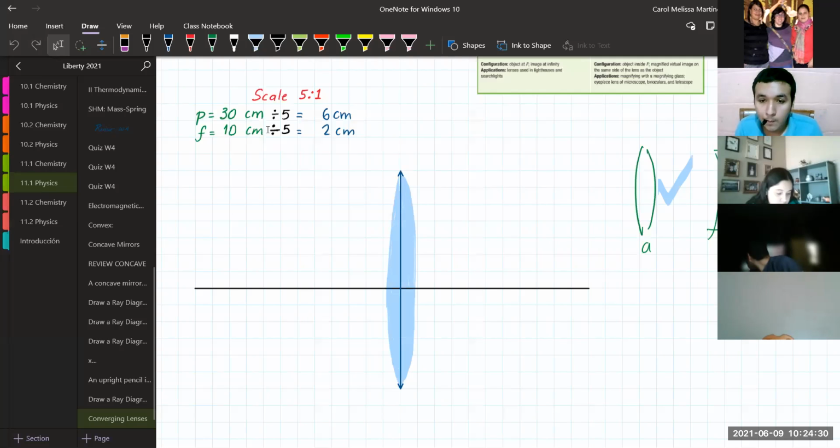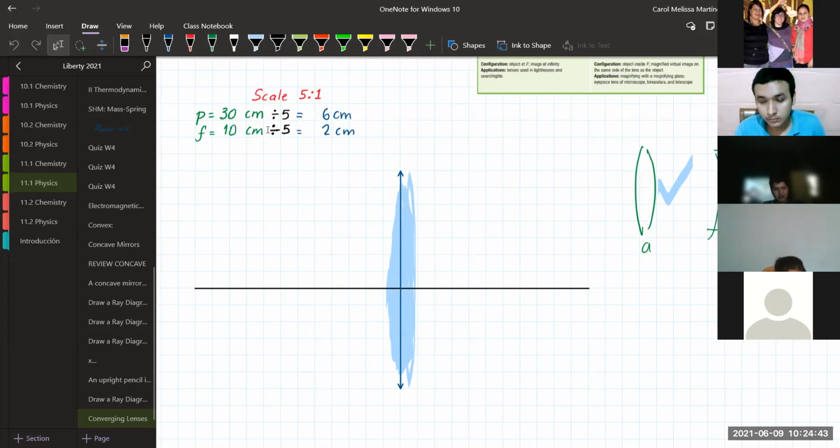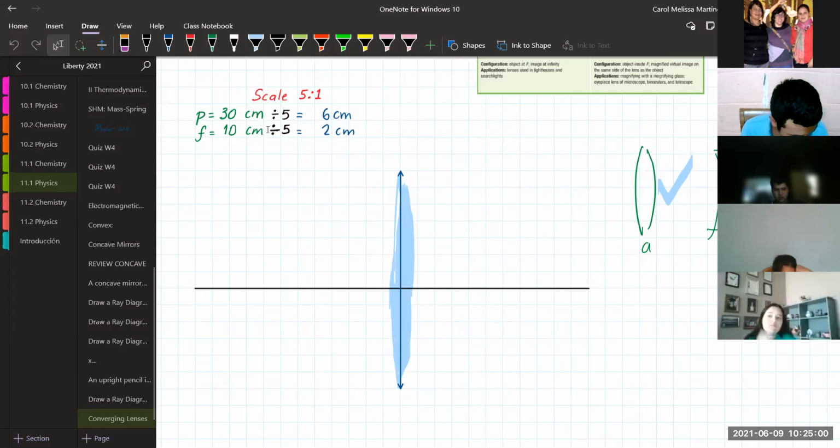Okay, so that's my lens. Sorry, it's not perfect. Let me see if I can stretch it a little bit. It doesn't look very nice.